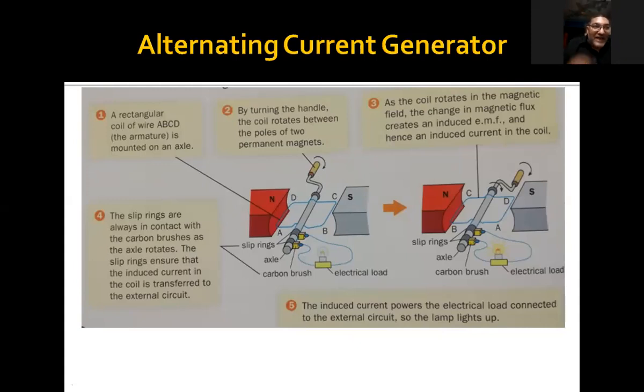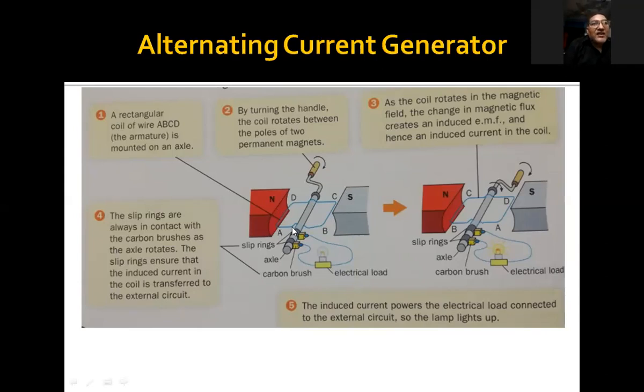The coil is named ABCD. When you rotate this handle clockwise, this coil ABCD will also rotate clockwise.